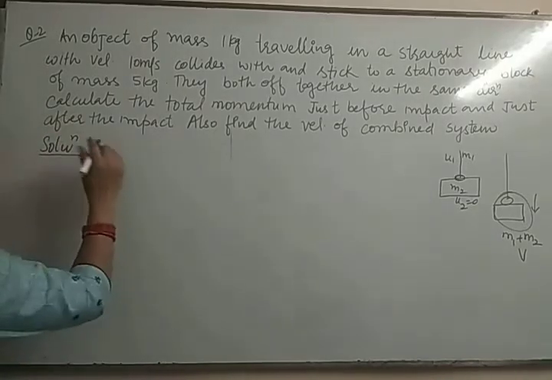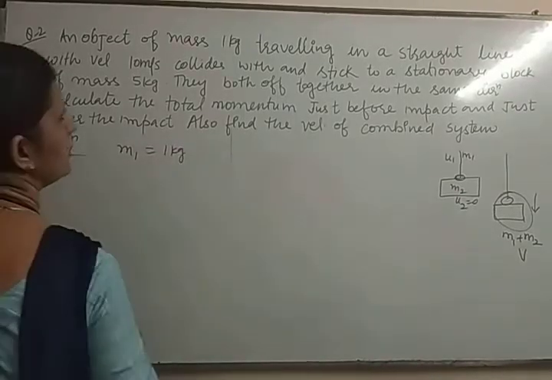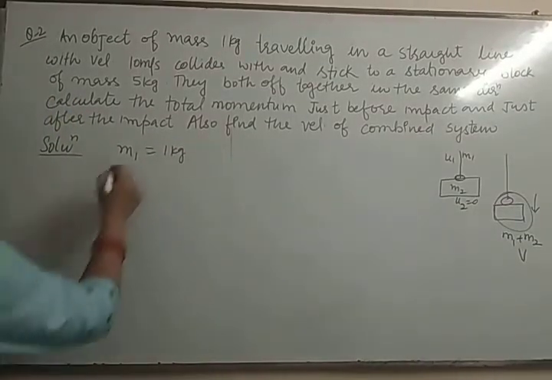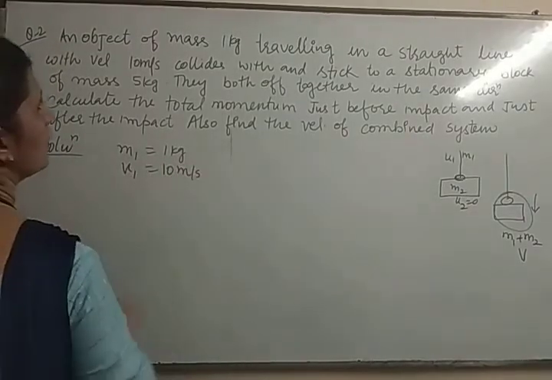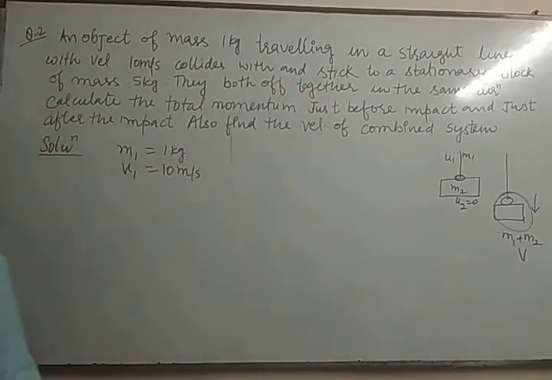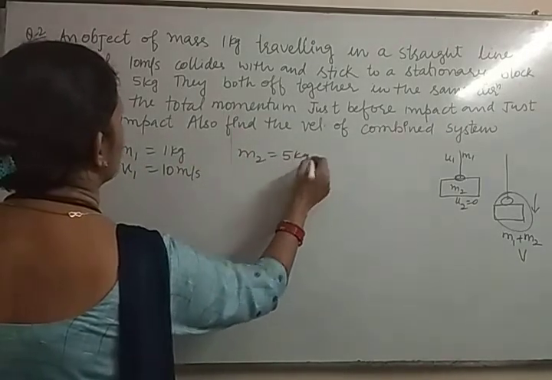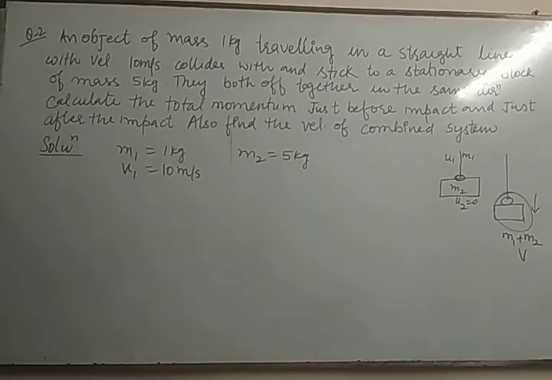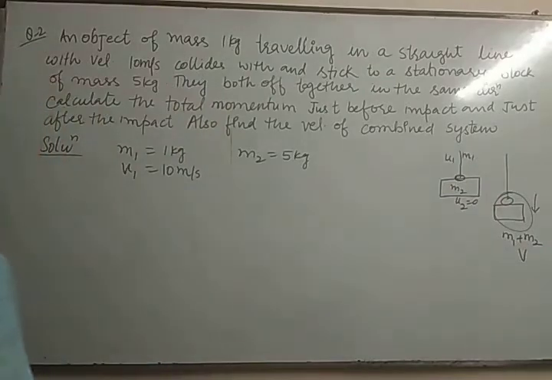First of all, an object of mass m1 is given, traveling in a straight line with velocity u1 as 10 meter per second, collides with and sticks to a stationary block of mass m2 that is 5 kilogram. They move off together. Moving off together means after striking they move in the same direction. Calculate the total momentum just before the impact and just after the impact.